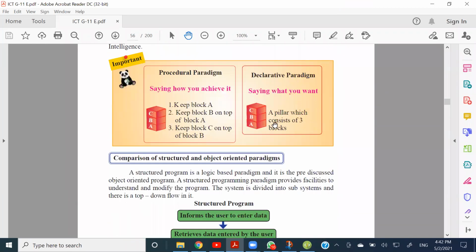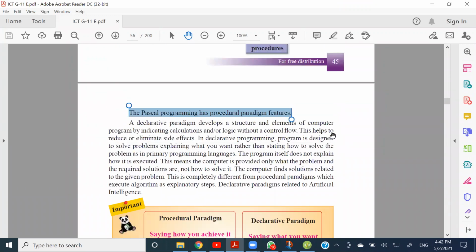Yeah, then you can copy this one. Copy this particular line.